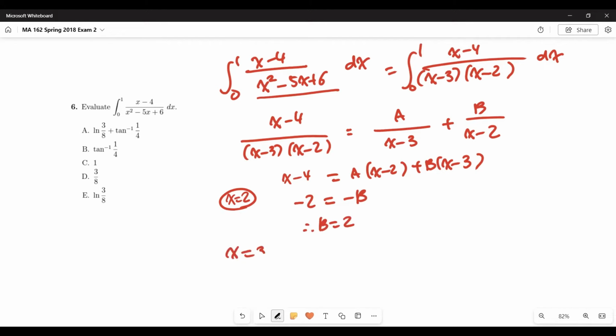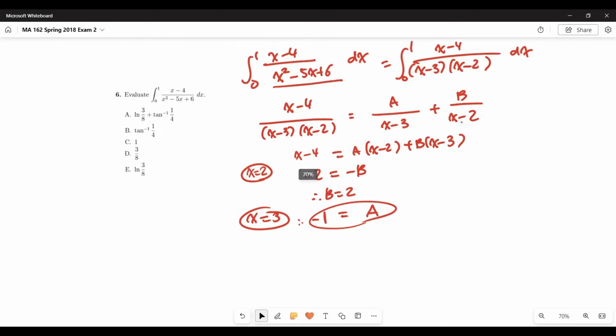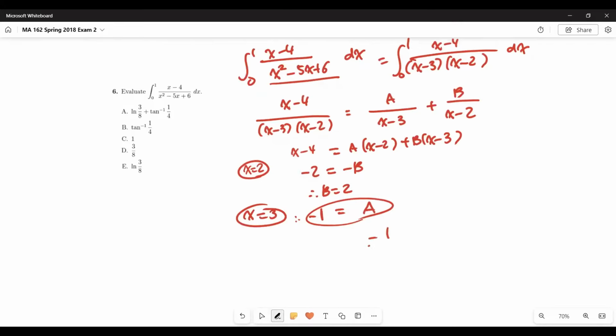With x equals 3, this becomes negative 1 equals a, and b cancels out, so a equals negative 1. So we find the a value and b value. Okay, that's good. Let's put it back into our original equation. This becomes negative 1 over x minus 3 plus 2 over x minus 2 dx, integral from 0 to 1.